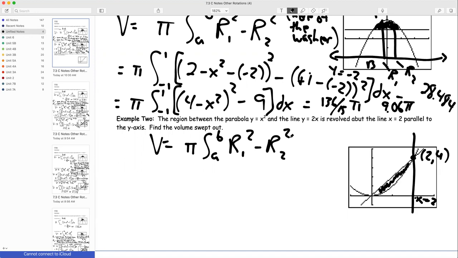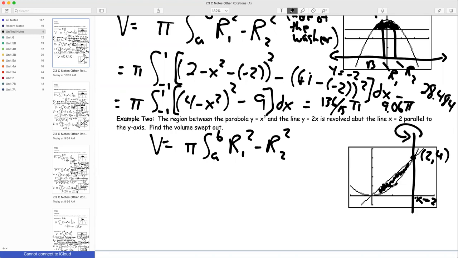Since this is parallel to the y-axis, I'm going to be integrating with respect to y. So it's going about this line, x is equal to 2. And if it is with respect to y, that means it's not top on the bottom, it is right to left. So I'm going to label it, all right?